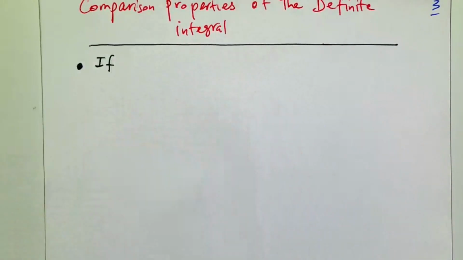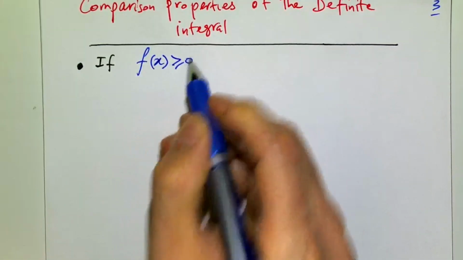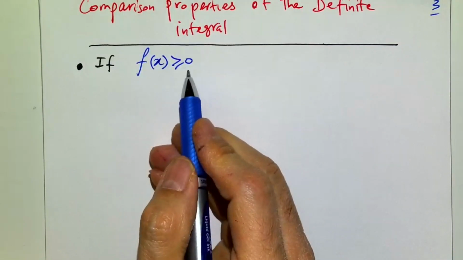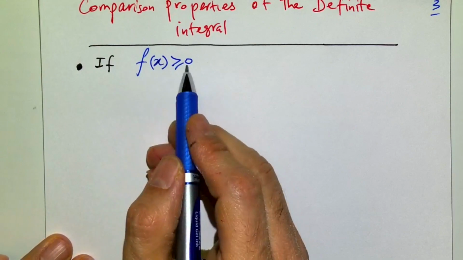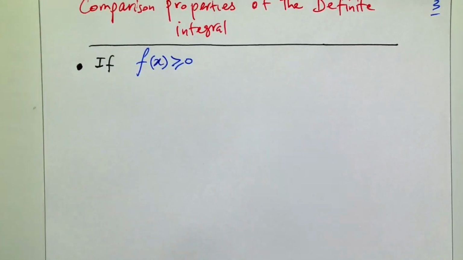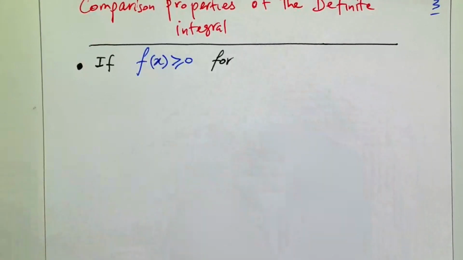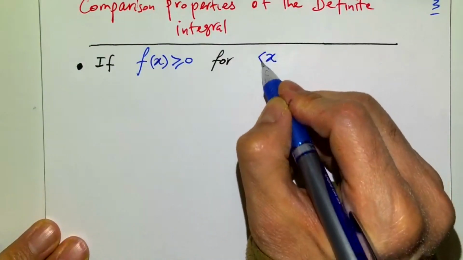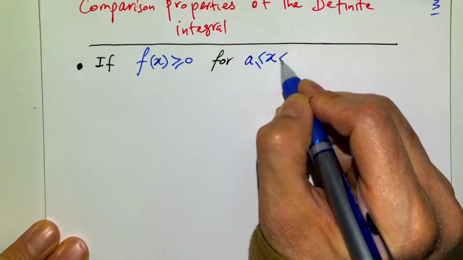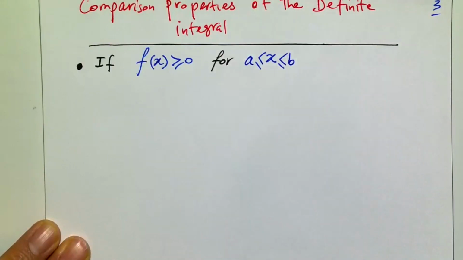If we have a function that is equal to or greater than 0, in other words, it's always positive, either equal to 0 or positive, for some interval, for x between and equal to a and b, or you can say just the closed interval a comma b.